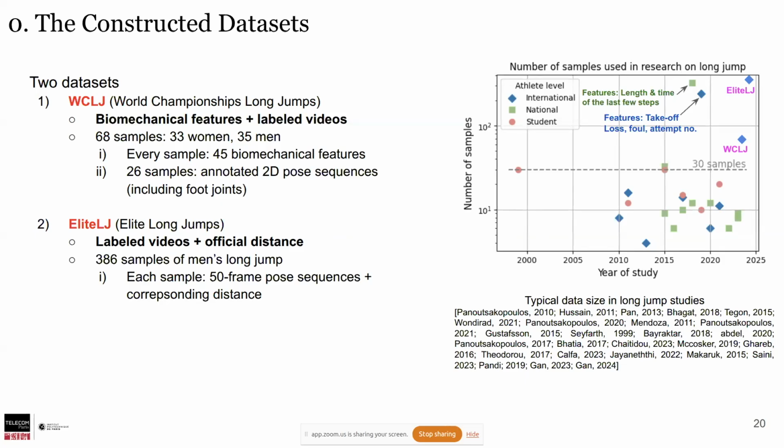The second data set is Elite Long Jumps. For this one, we would like to focus more on pose sequences and train a slightly larger model to our best. So we collected 386 samples of jumps, and each has 50 frames of pose sequences.